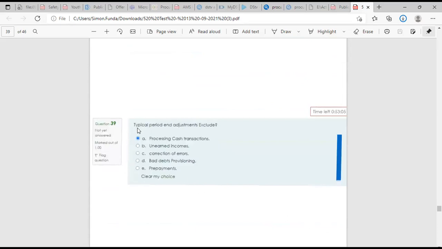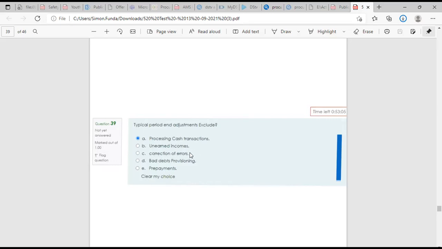Number 39 says the typical period end adjustments exclude processing cash transactions. Okay, so this should be the answer. Let's check the others. Accrued income, usually we process or adjust them.